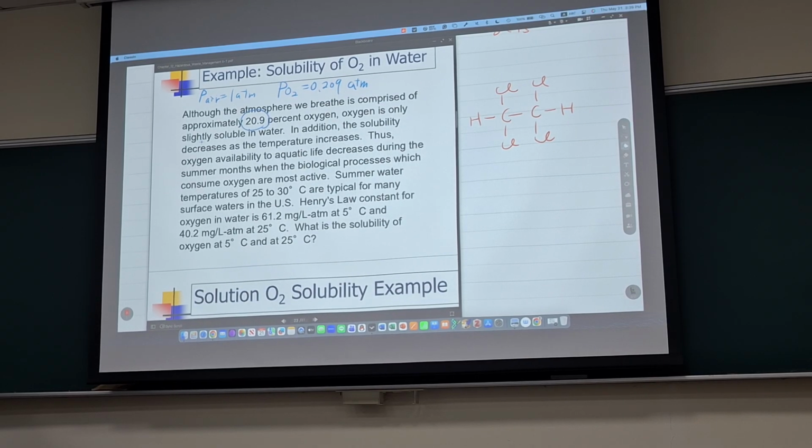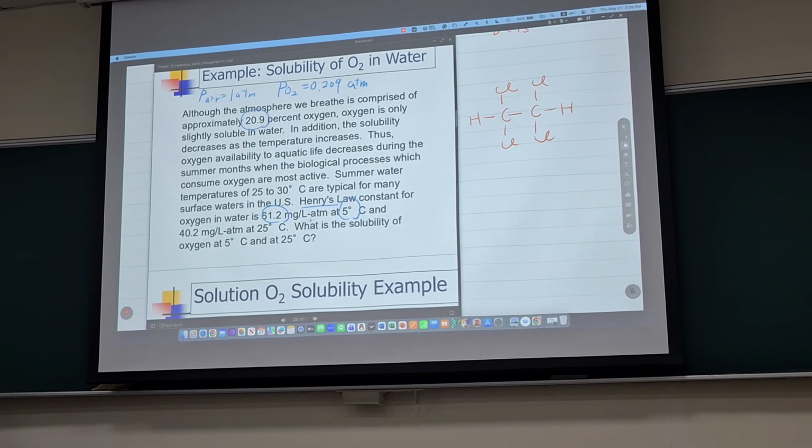At 5 degrees Celsius, the Henry's law constant is 61.2. The Henry's law constant will change depending on different gases and different temperatures.